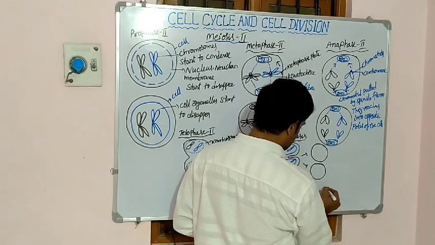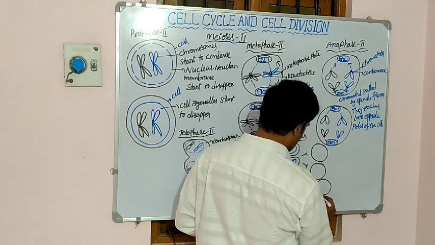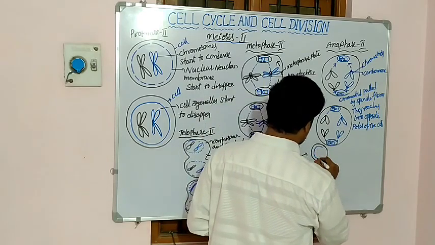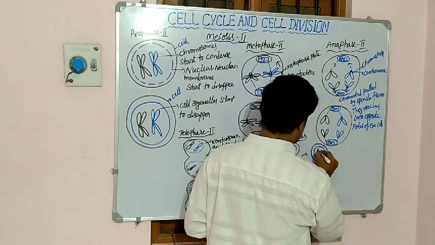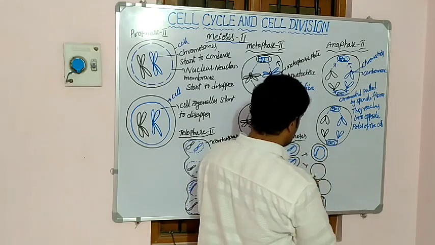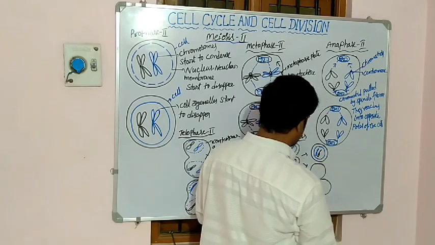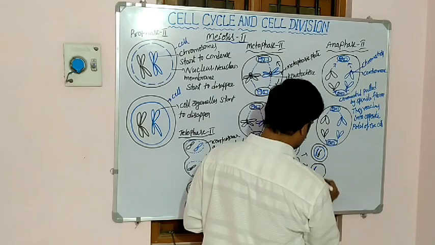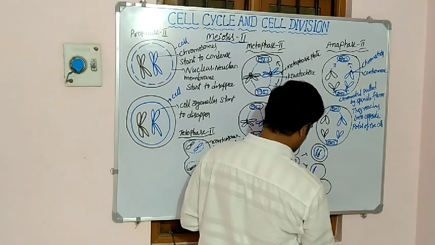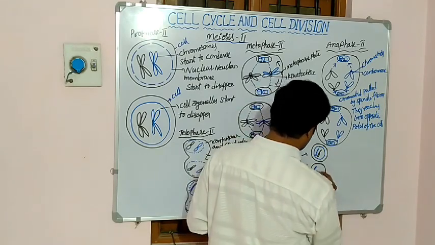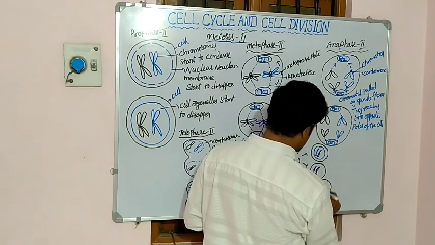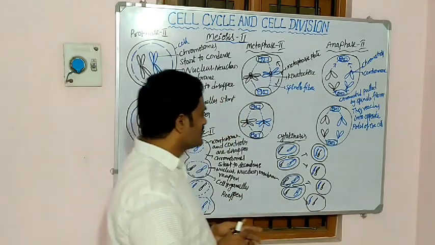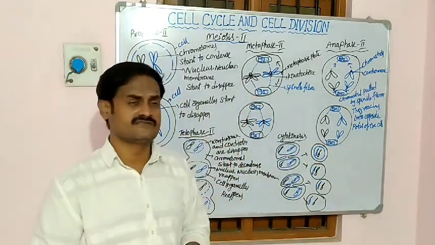Here also, one cell, another cell. Inside the cell there are the nucleus, nuclear membrane and also the chromosomes. Important cell organelles are also seen at this stage. Okay, here four haploid daughter cells will form.